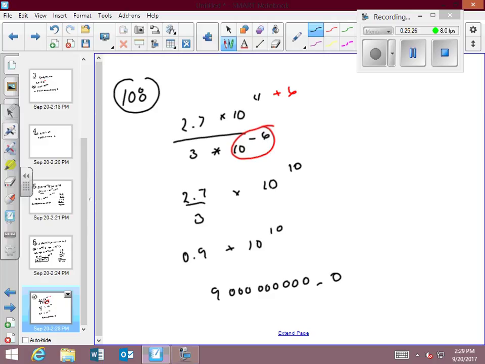Now, if you put that in your calculator, you'd have to go 2, 7 with 3 zeros behind it, and then 5 zeros and a 6, divided by that. They're subject to a lot of error in that kind of problem, entering it in a calculator. You could even put this value in the calculator: 2.7 divided by 3 times 10 to the 10th power, and it'll give you the answer.